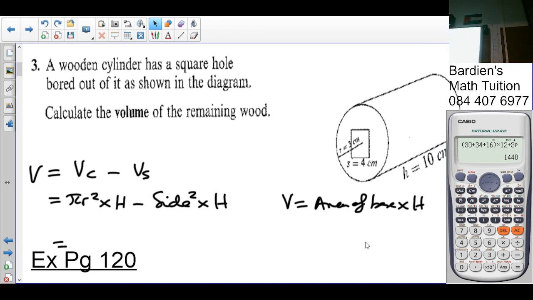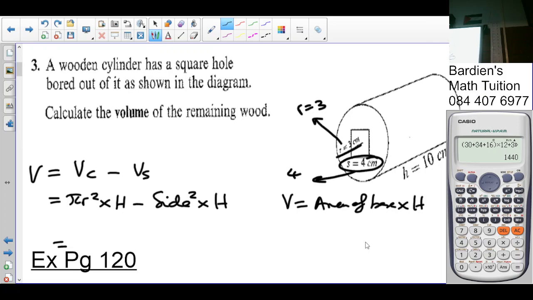The radius is 3 centimeters. What is the length of the side? 4. You know it's a bad copy. Sorry? So this is the radius, that length is 3, and this length of the side is 4 centimeters.